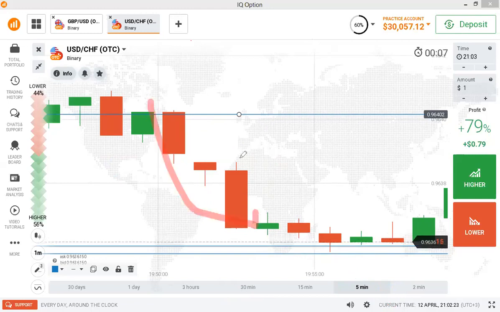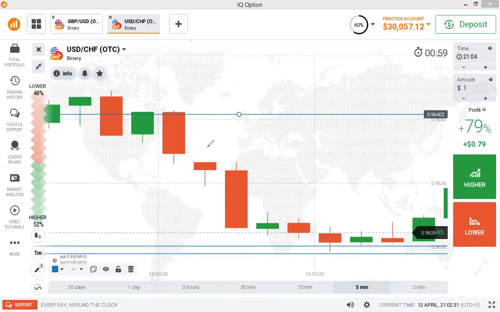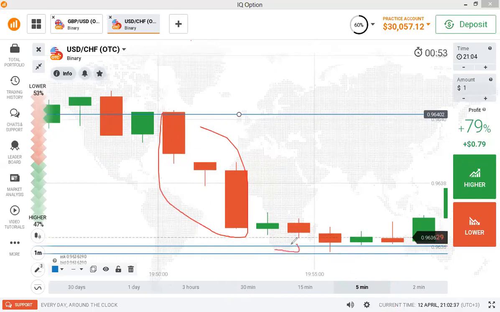If you see a momentum like this, a strong momentum, the sellers close at this level. So you are saying you want to buy the market or call the market or go long.